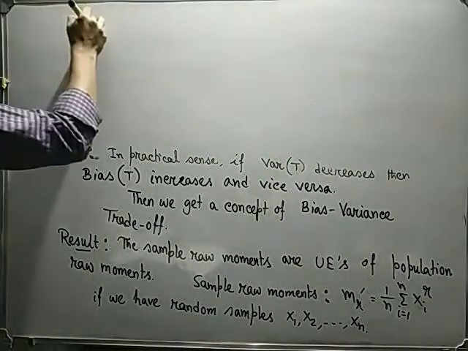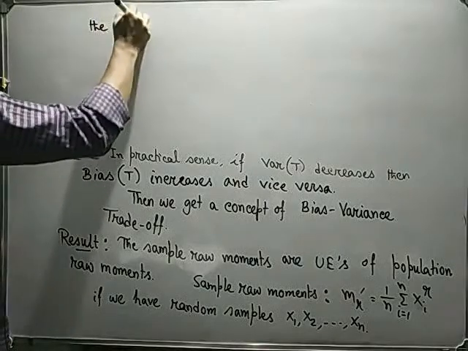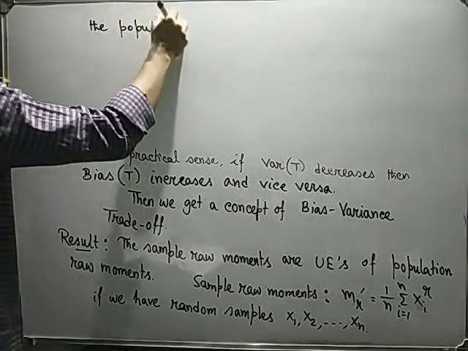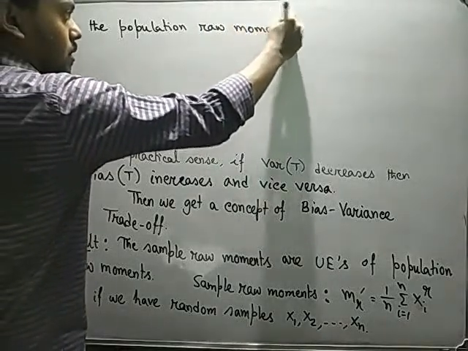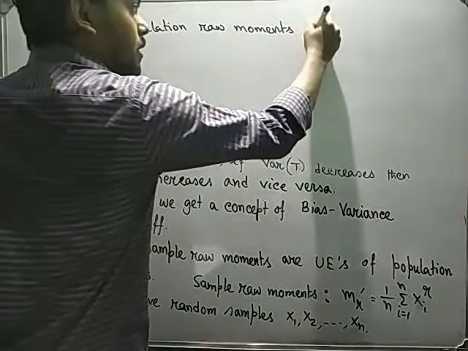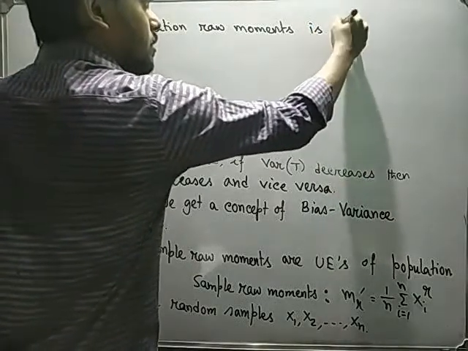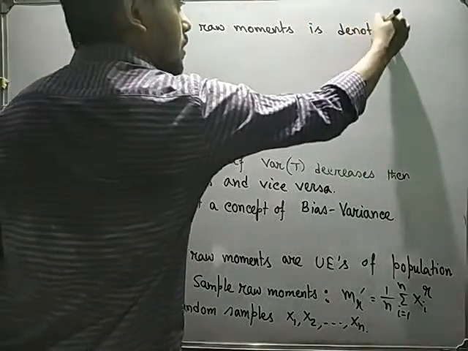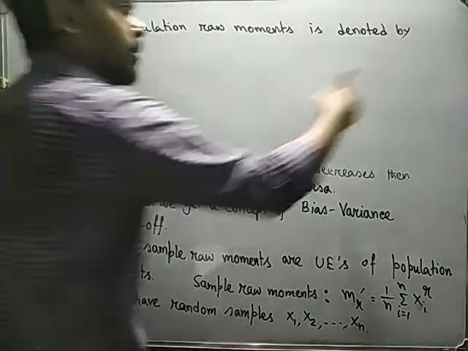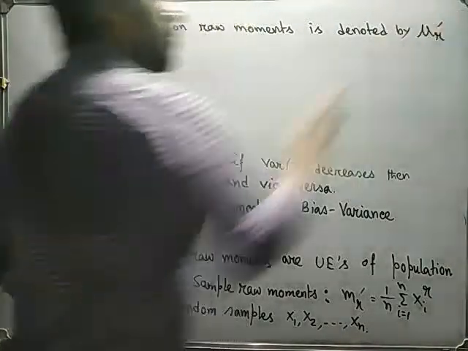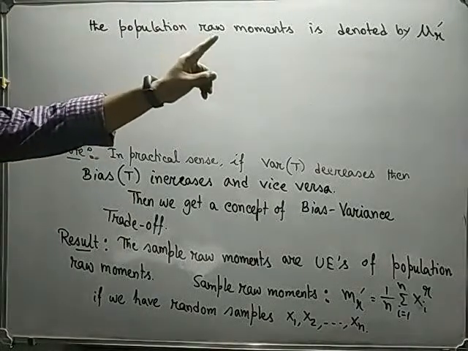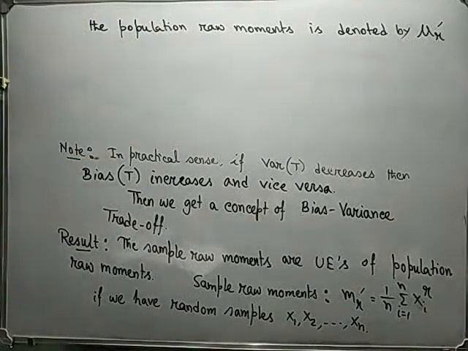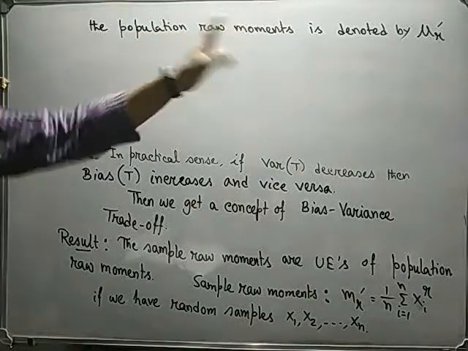The population raw moment is denoted by mu r dash, which is the rth order raw moment of the population. I think you all know that.